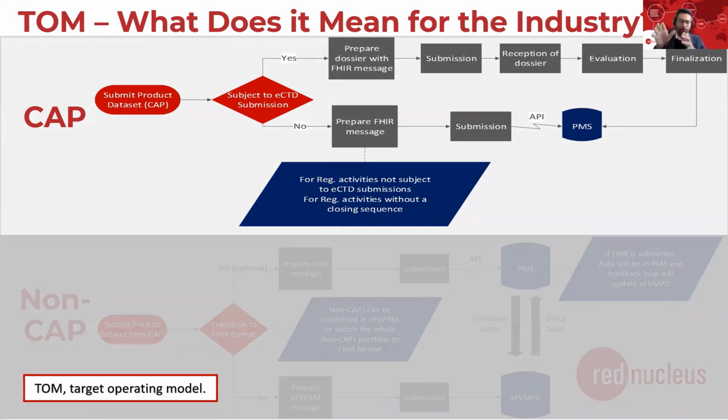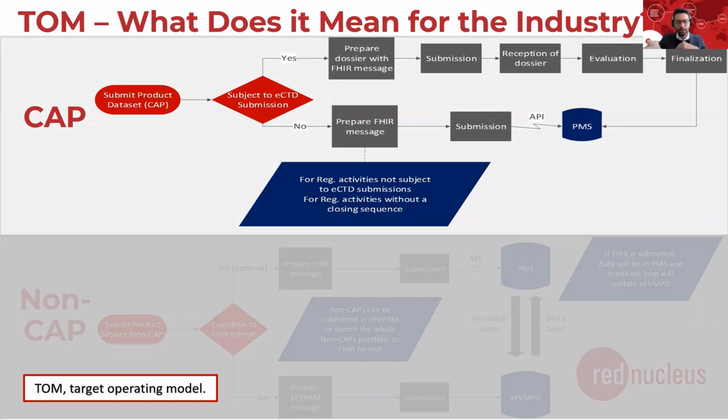So this is applicable for the submission where the eCTD comes into place. If there is no closing sequence, or if your submission is not part of the eCTD submission, then the FHIR message can be submitted via API directly into PMS. So this would be the overall process when it comes to the CAP.